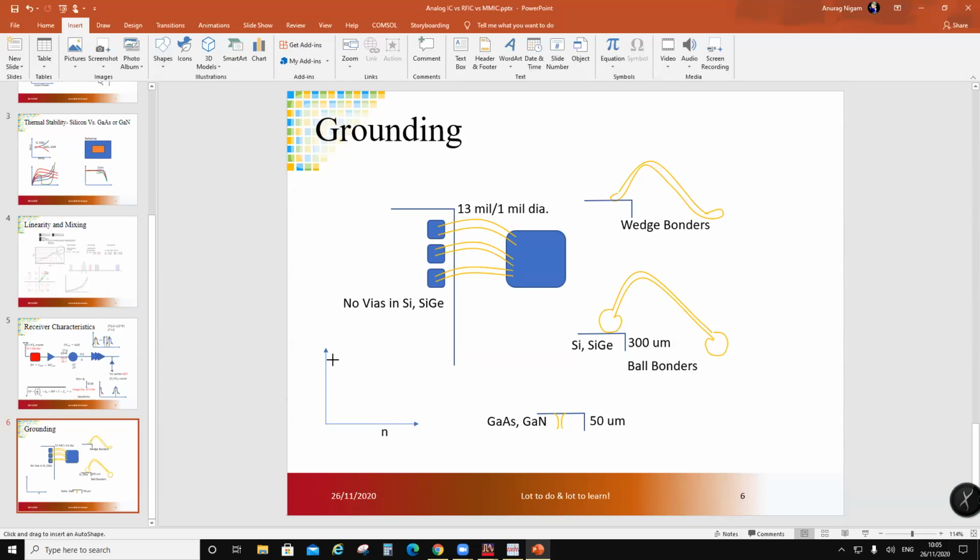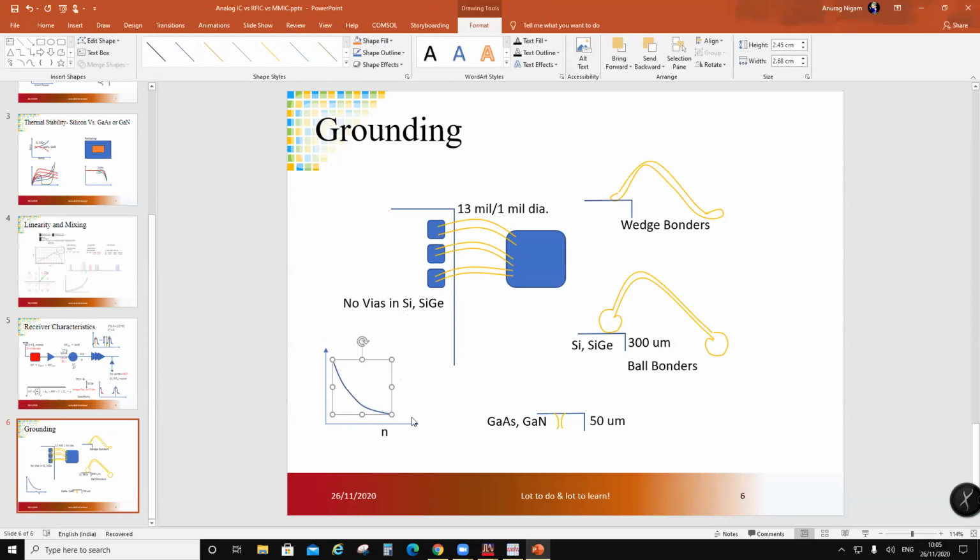The inductance starts somewhere around 300 for this kind of length, something like 0.6 or 0.7 nanohenry. It will keep dropping with n increasing, and after some time there will be no effect of n. N is the number of wires, and on this side there is inductance L.